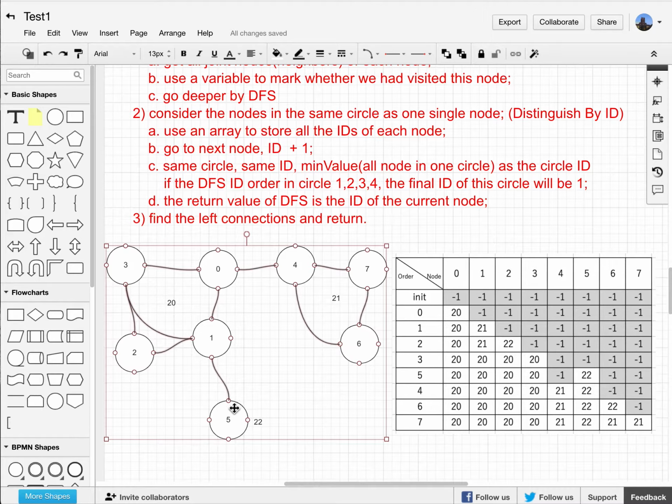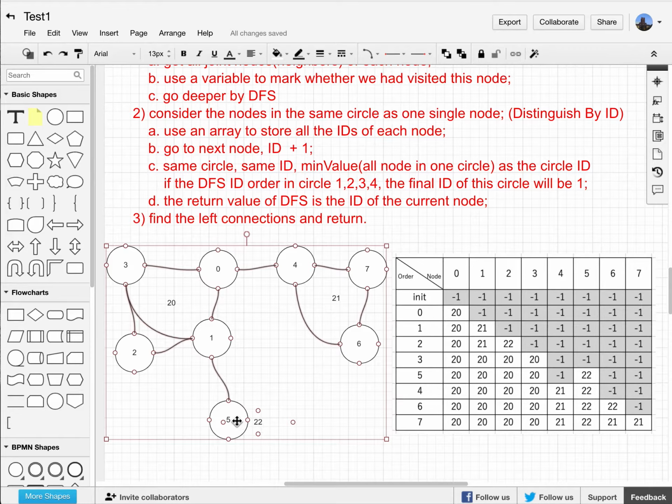And about this 5, okay, 0, 1, 2, 3, and 5. Actually, when we arrive at 1, at that time 1 is 21. So 1 said, okay, I'm 21 and I think you are 22. My children will be all 22. So the 5 node got a 22.